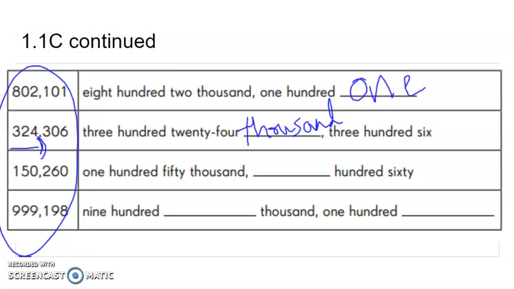But for now, we just have the 1 comma, so we just say thousand. The next one, 150,000. How many hundreds? 260. And 900. What are we missing? 99,000. Oh, that blank is way too small for my handwriting. 99,198.